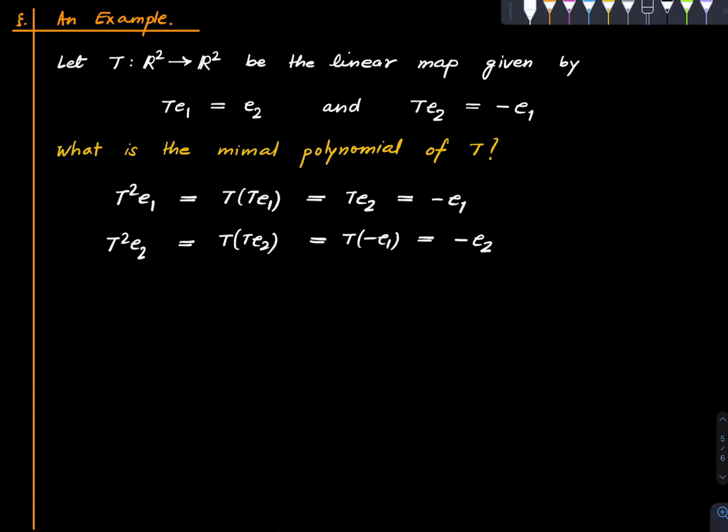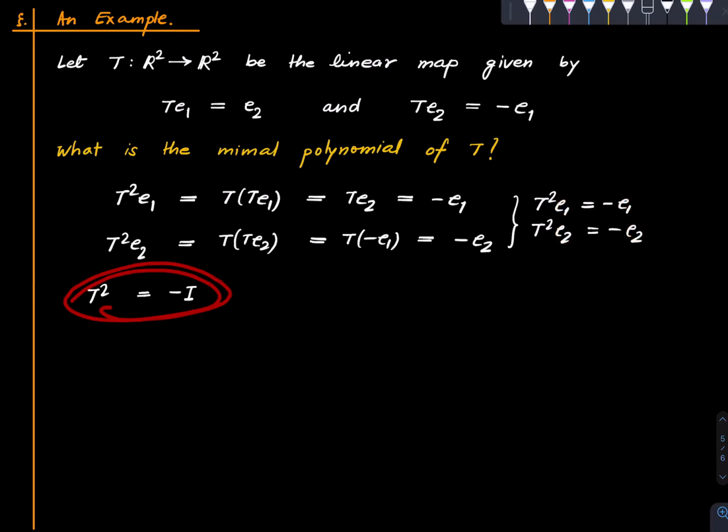So therefore, what this says is that T squared E1 is minus E1 and T squared E2 is minus E2. Therefore, T squared is equal to minus identity, right? Because it fixes the basis elements, up to a minus sign.